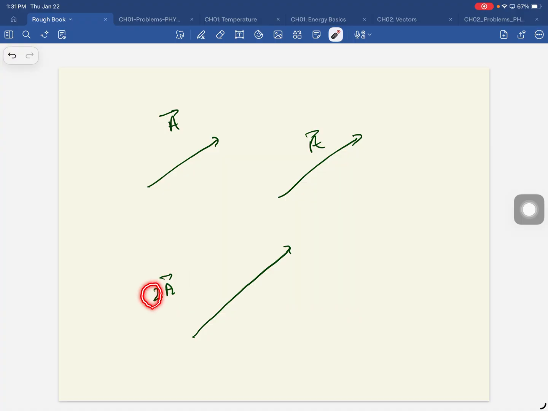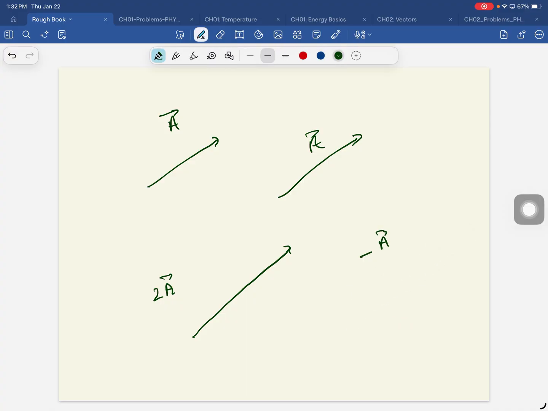Here's the first physical vector, the displacement vector. Let's say you go for a walk from point A to B. Your displacement vector is a vector pointing from your initial point to the final point.